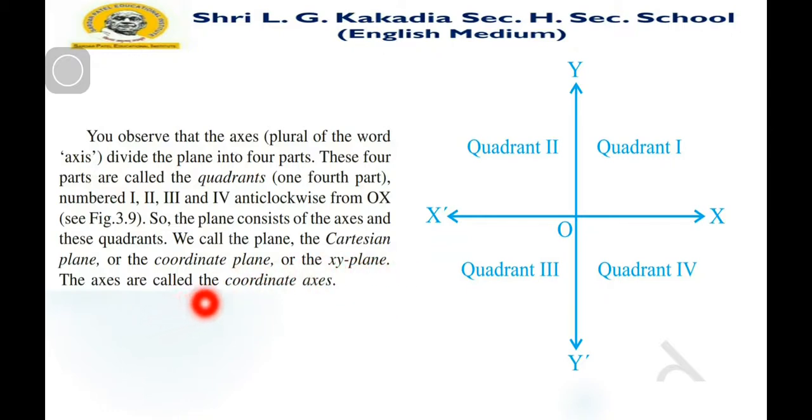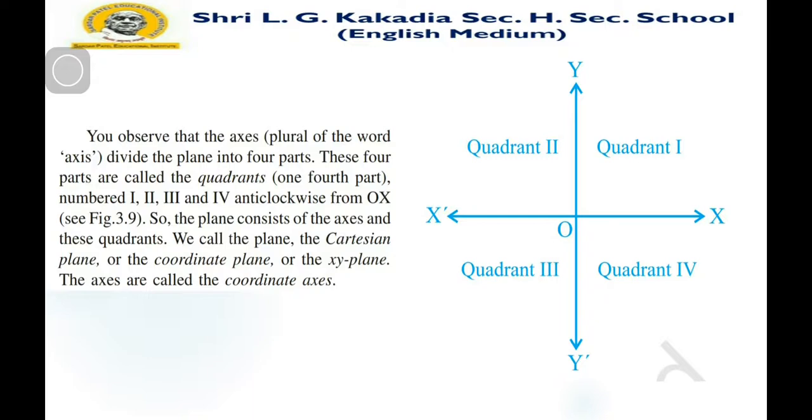The axes are called the coordinate axes. So if we draw two lines as given here, intersecting at one point and both perpendicular, then this plane is called the Cartesian plane or coordinate plane or XY plane. And the axes of both lines are known as coordinate axes. So it is a Cartesian plane.